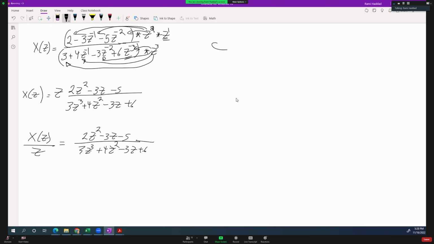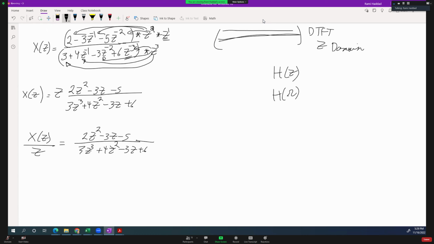You might be given a difference equation, something similar to your quiz, and asked to find either the frequency response or the system function. That's basically converting the difference equation to either the DTFT or the Z domain and finding the H of Z or the H of omega, either or, based on what's asked.